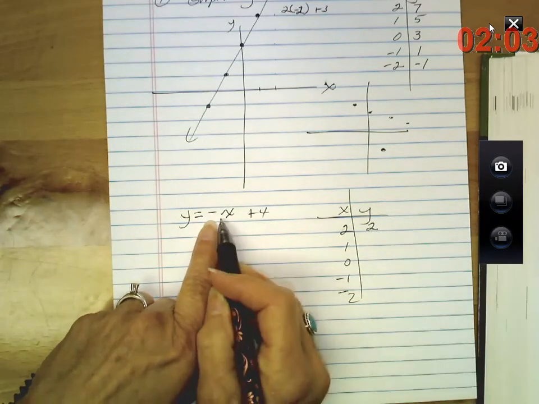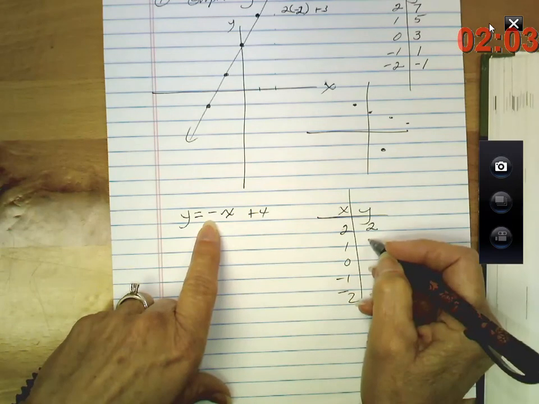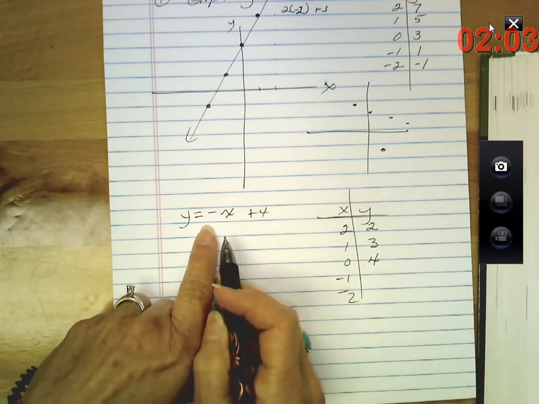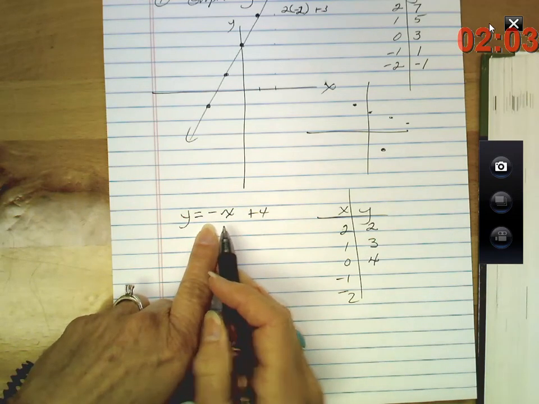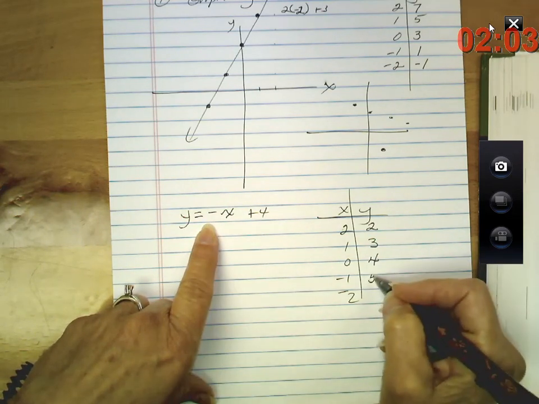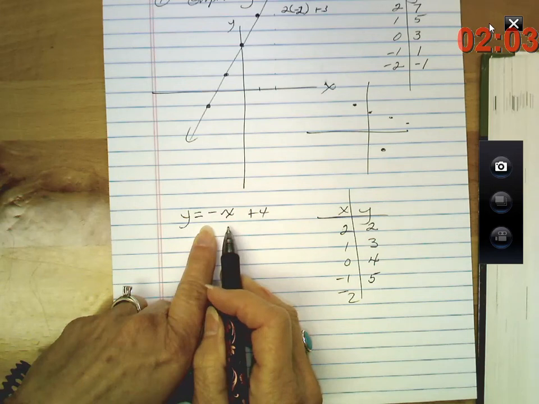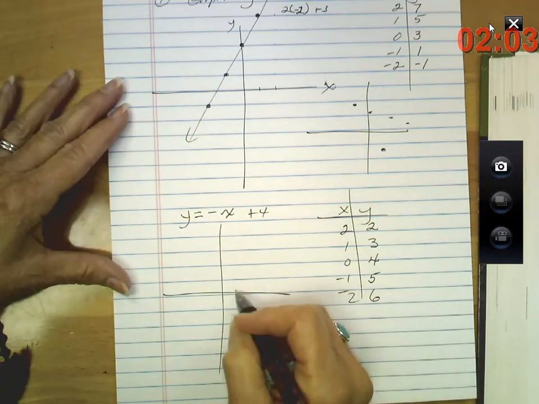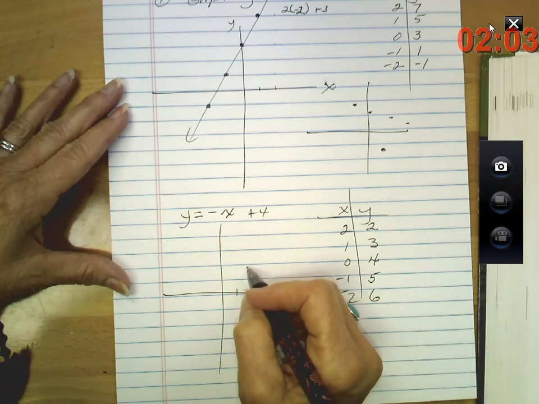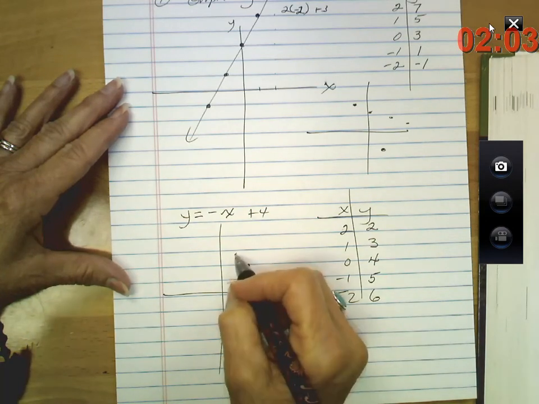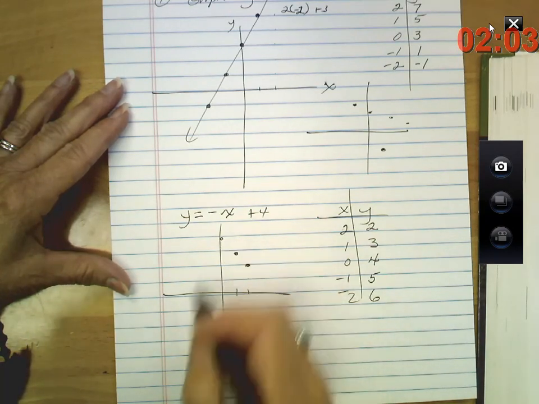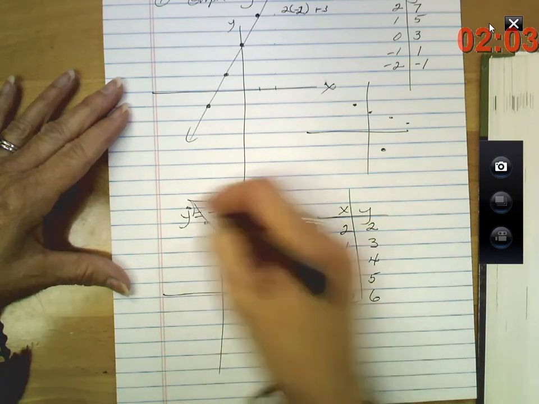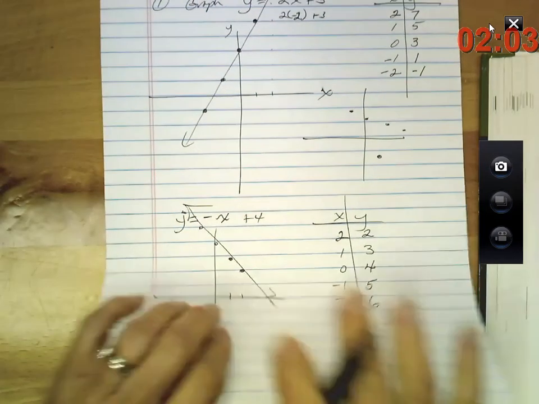If I put in 1, negative 1 plus 4, a 3, a 0 plus 4, 4, a negative 1, that makes that a positive 1 plus 4, or a 5, and that makes that a positive 2 plus 4, or a 6. So if you graph this one, you've got 2 and 2, 1 and 3, 0 and 4, negative 1 and 5, and negative 2 and 6. Okay, and I just guessed on those. Okay, all right, so there's that one.